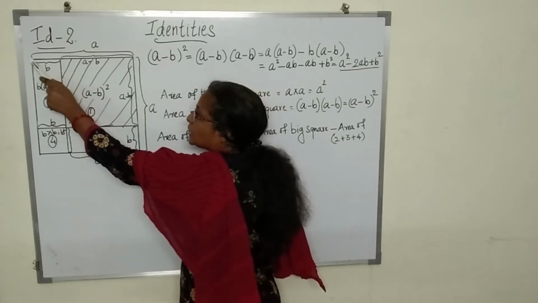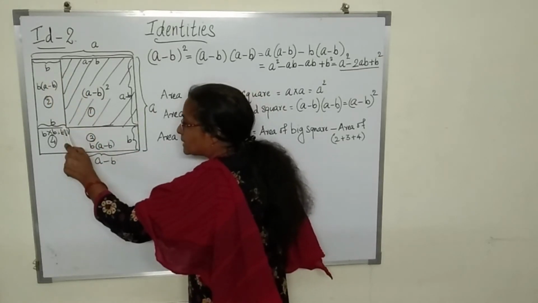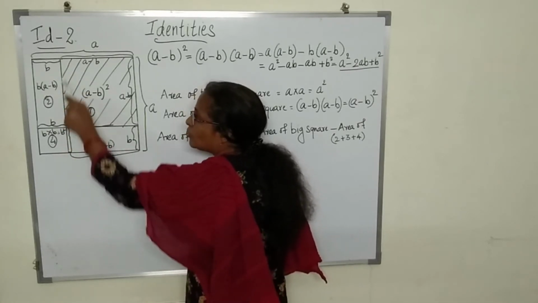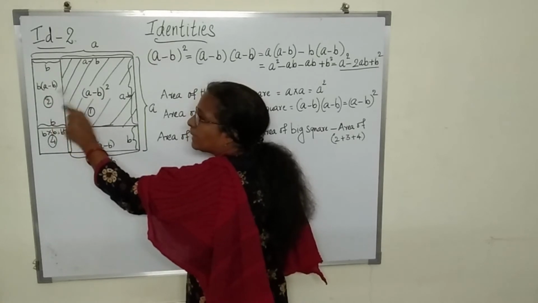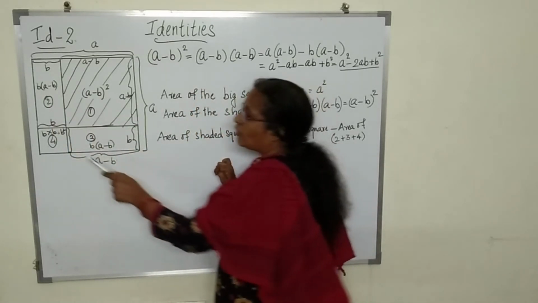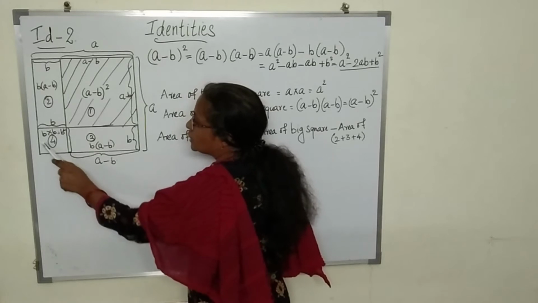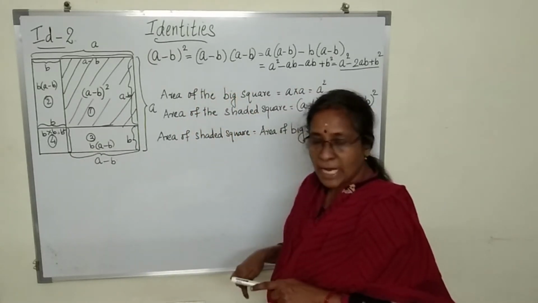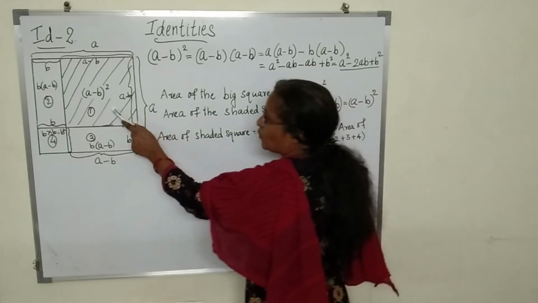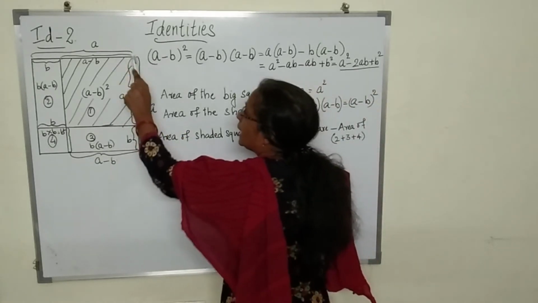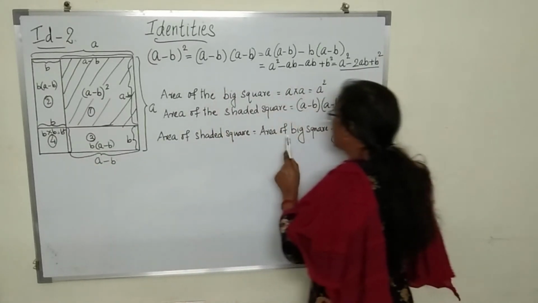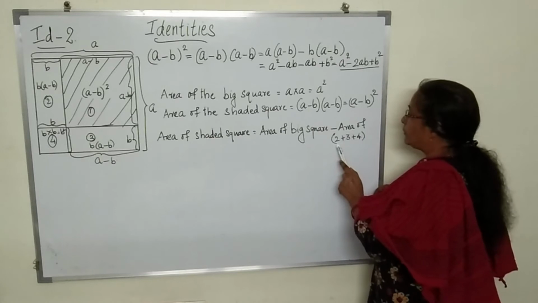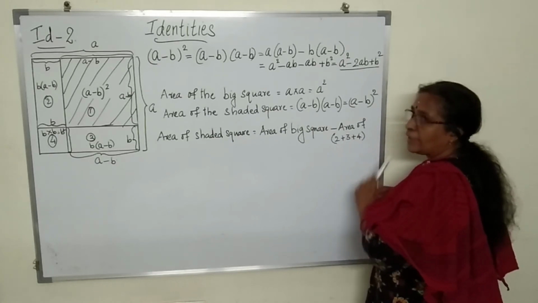The breadth is B, and the total length is A and this much is B, so this portion will be A minus B. And of course this small portion is B into B, a small square. So the area of the shaded square is equal to the area of the big square minus the area of 2, 3 and 4.